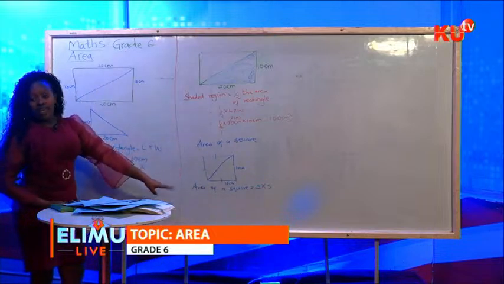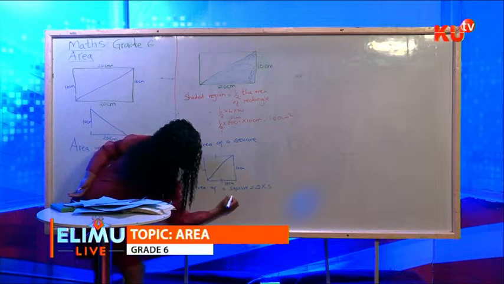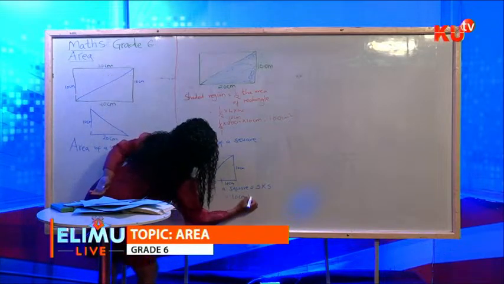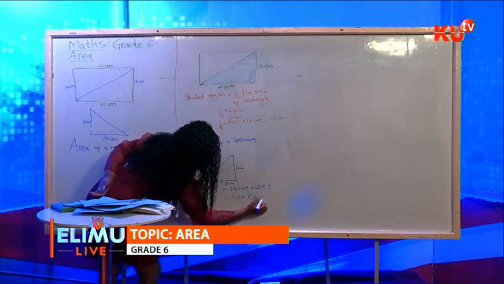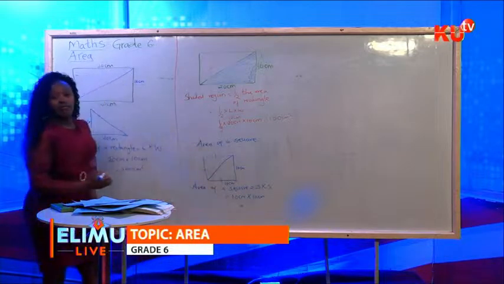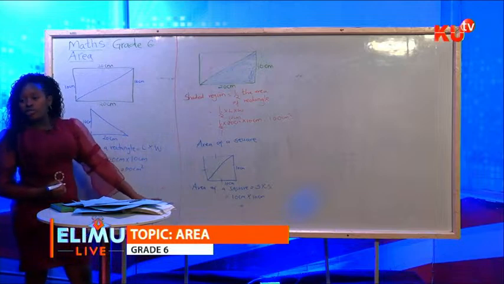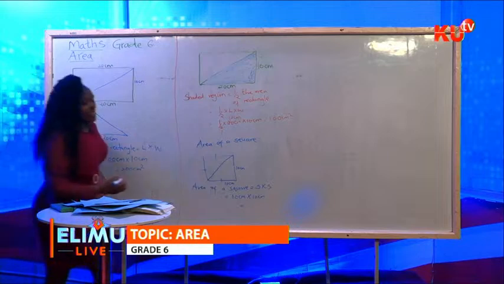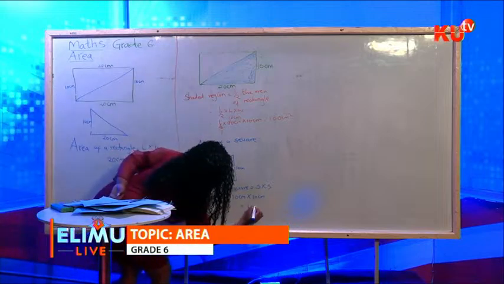We have got one side which is equal to 10 centimeter and the other side is equal to 10 centimeter. So, what is 10 multiplied by 10, learners? Good, 100 centimeters squared.